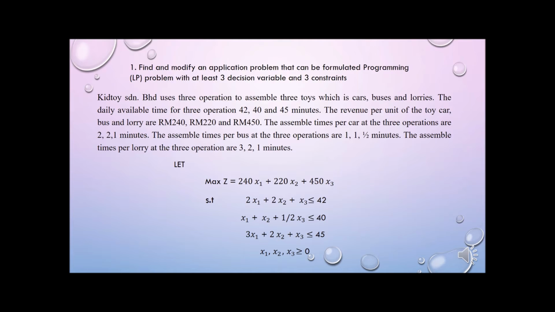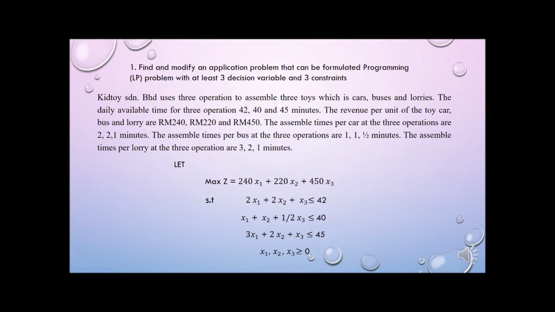Let Z equal 240 x1 plus 220 x2 plus 450 x3. Subject to constraint 1, 2x1 plus 2x2 plus 1x3 smaller than or equal to 42.